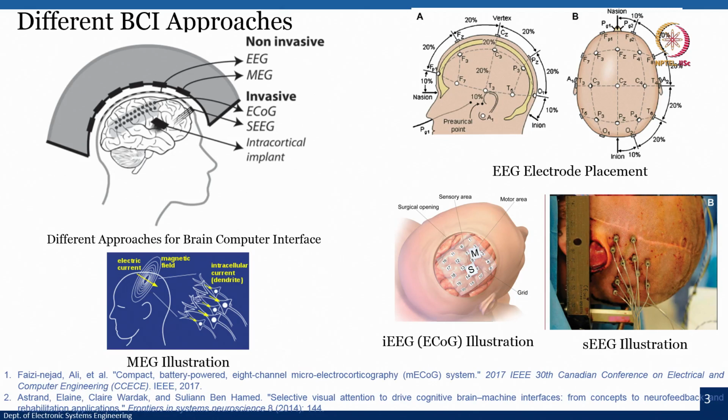F4 P4 P3 T6, these are all nearby your inion, while P1 F3 go towards the front, which is frontal. So F always goes towards the nasion, and P and O always go towards your inion.